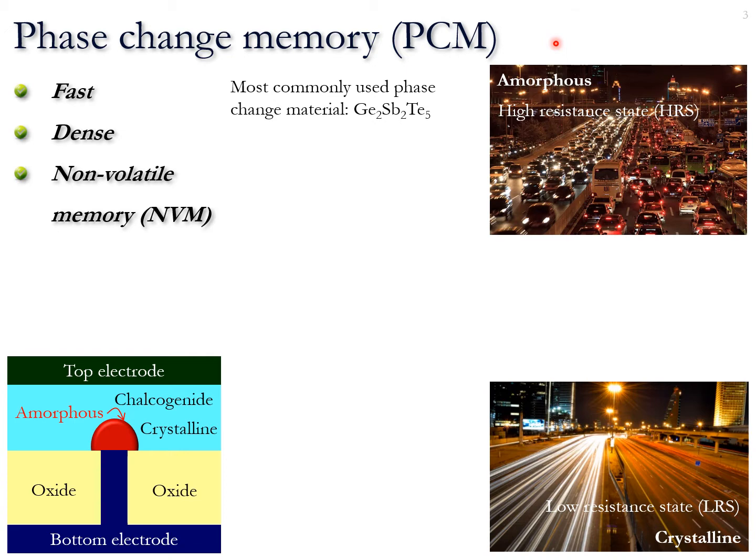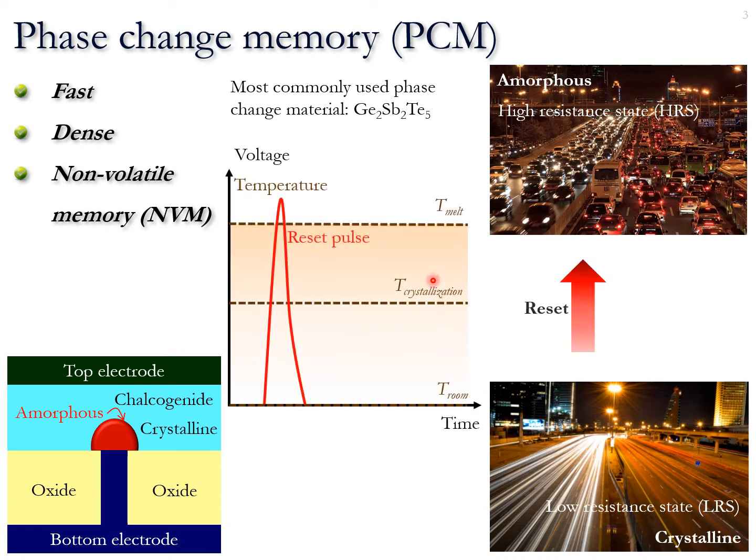To switch from the low to high resistance state, or to amorphize this cell, we need to apply a very high amplitude electric pulse, which is also known as the reset pulse. The reset pulse has such an amplitude that a small portion of the material is melted. So the temperature at this portion of the material has to exceed the melting temperature of the GST material.